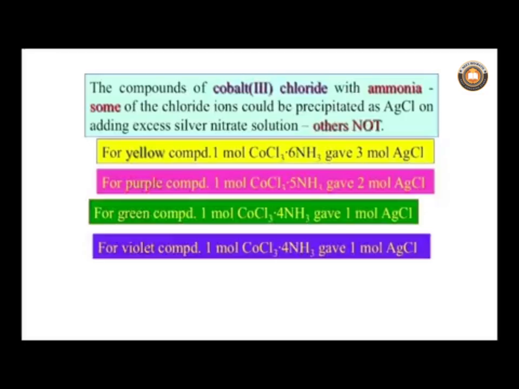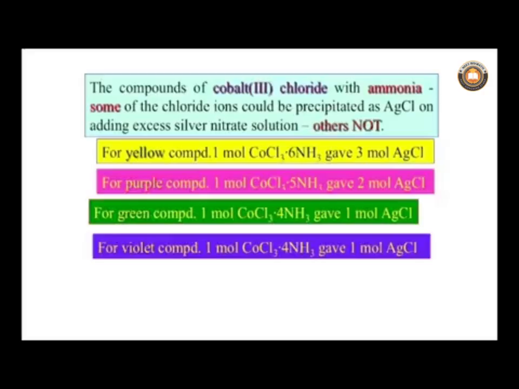The 3 chlorides present in cobalt chloride as CoCl3 can be removed by reaction with Ag+ as 3 molecules of AgCl. So, all the chlorides present as the metal salt can be removed. These chlorides are not taking part in the valence utilized for direct cobalt-chlorine bonds in the complex species formation.